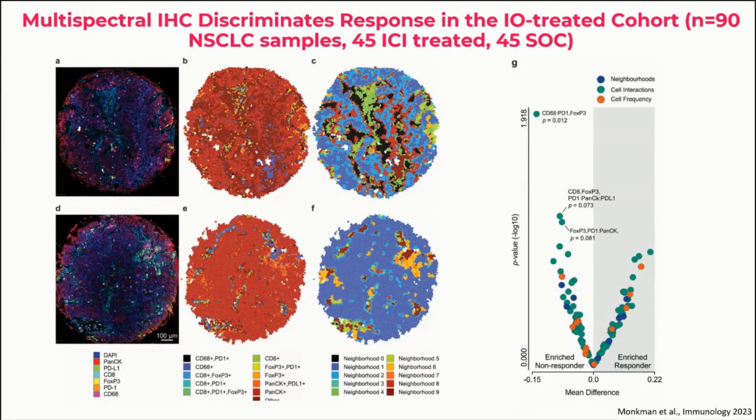And we could see that there was a CD68, PD-1, FOXP3 positive cell interaction that was highly enriched for in the non-response group. And so it's really taking this neighborhood model and using that to extrapolate across the cohort and look for associations with response or resistance. Are there certain neighborhoods that are enriched for in patients that do well versus those that don't?